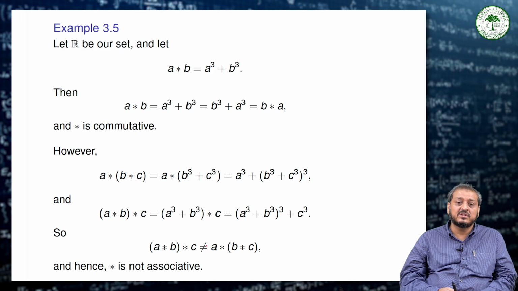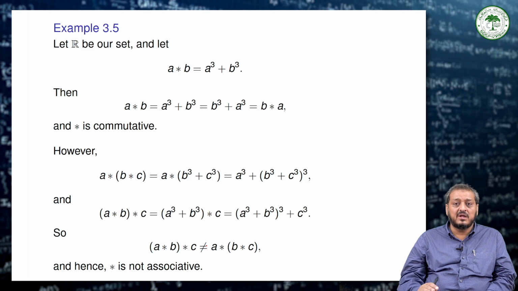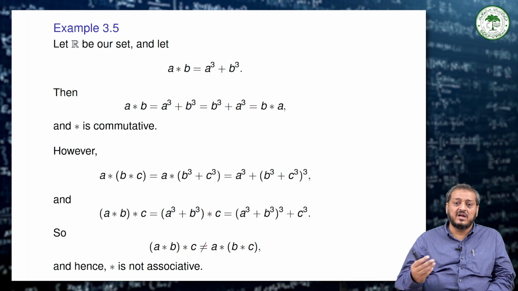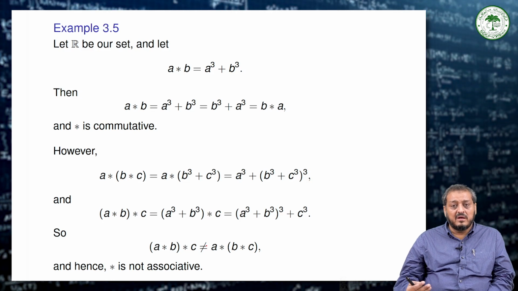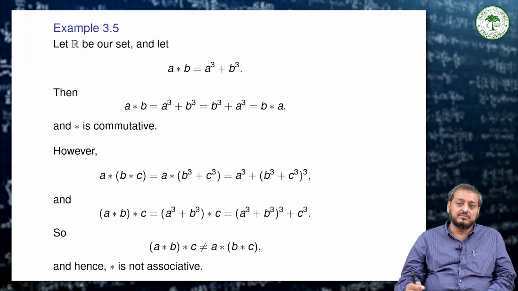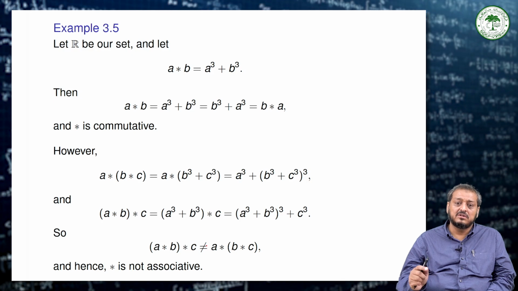We will continue in the second lecture with some other properties, and then start with algebraic structures and define some algebraic structures. Thank you very much for this first lecture.